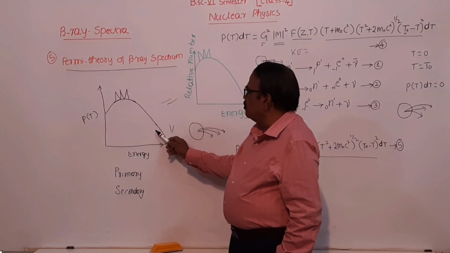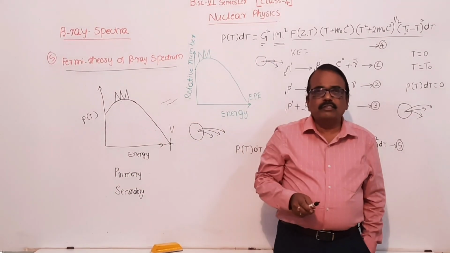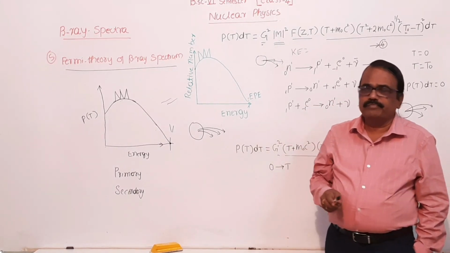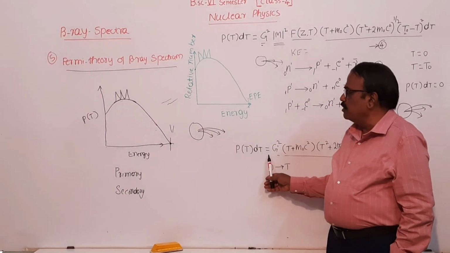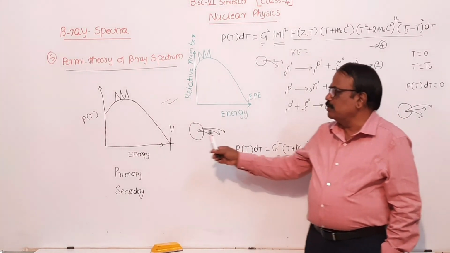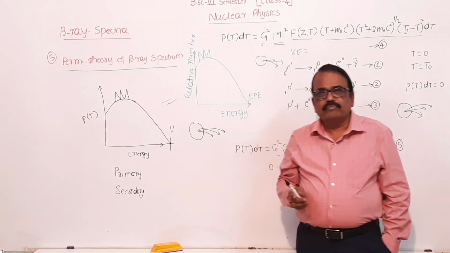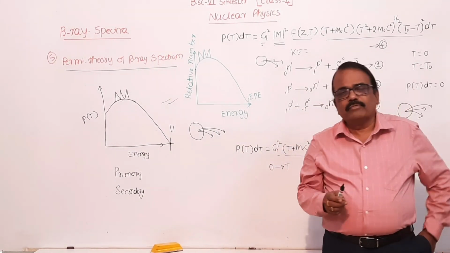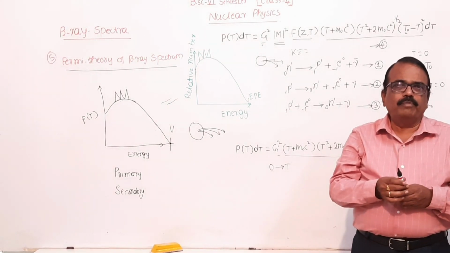So the spectrum obtained is similar to the one obtained by the beta ray spectrometer. That means theoretically this equation very well explains the experimental spectrum. So I think this completes the chapter on beta particles.